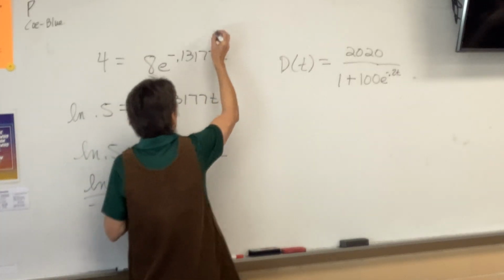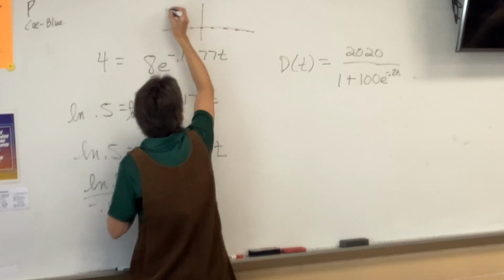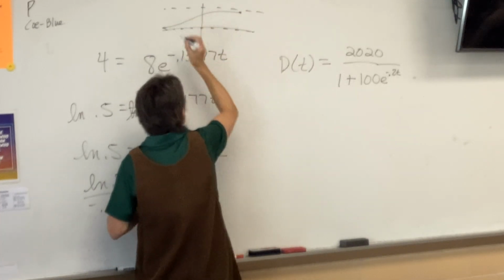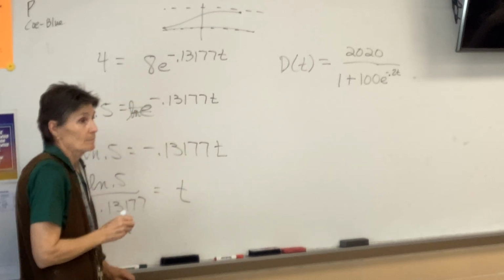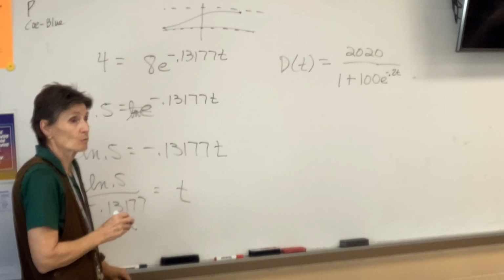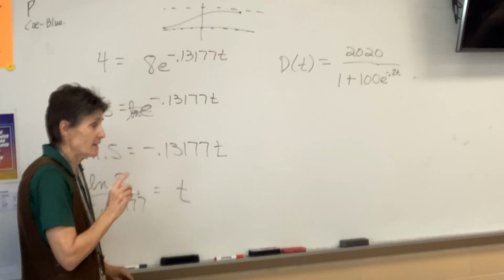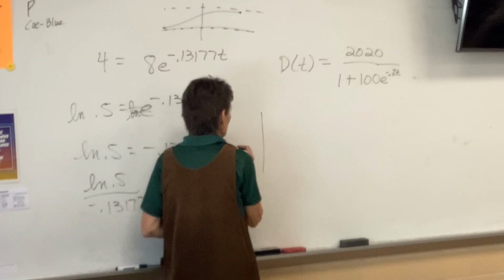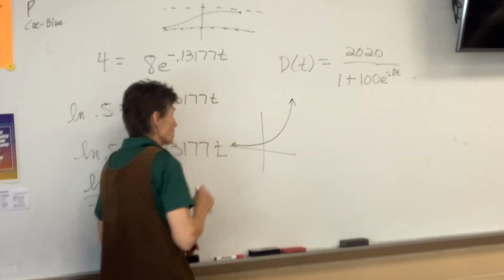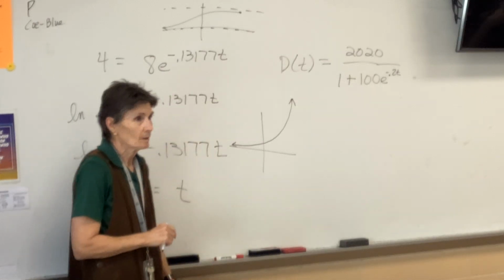Logistic equations typically look like this. And they're used as population growth models, and actually they're better than exponentials, because if this is my population growth, let's just say that's the population of turtles in a pond, okay?